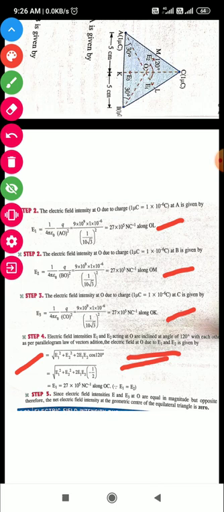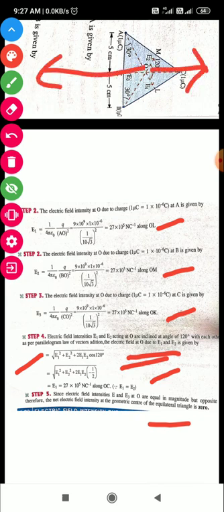Cos 120 is minus half, so this also becomes 27 into 10 to the power 5 Newton per coulomb. The resultant of E1 and E2 is opposite to E3. So this is E3, and the resultant of E1 and E2 is this one. Both magnitudes are equal and opposite, so the resultant electric field at the geometric center of the triangle is 0. That is the final answer.